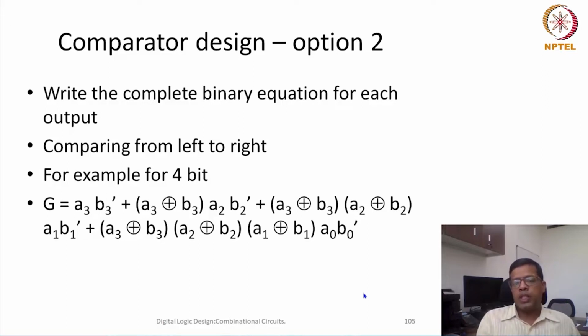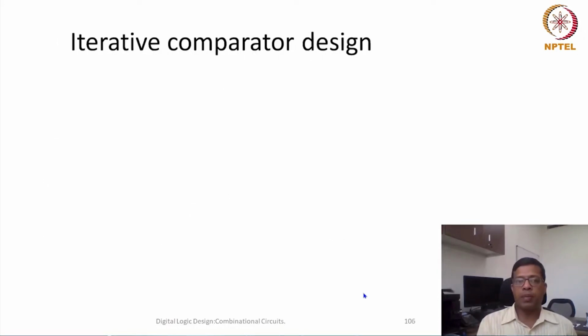So this approach, although good and complete, has one challenge: as soon as my number of bits changes, I have to redesign and find out these equations again. So what would be better is if we can find an iterative design which we can repeat every time. So we say that for 1 bit we design this circuit, and that can keep on repeating.